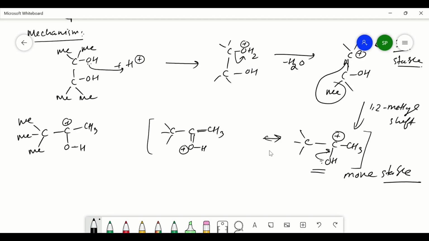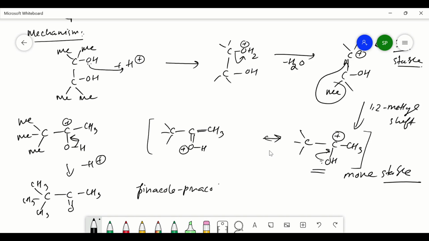Now this will donate electrons to form a double bond. This will lose H plus. The H plus consumed at the start is regenerated, so it acts as a catalyst. The catalyst will be removed, and there will be formation of a ketone, which is known as pinacolone, and this is known as the pinacol-pinacolone rearrangement.